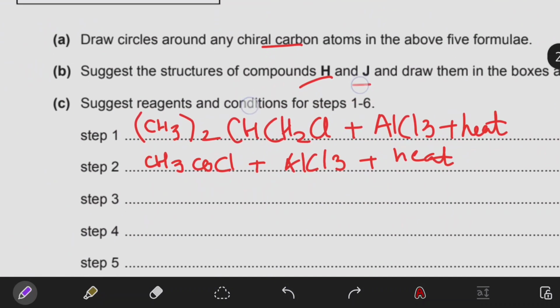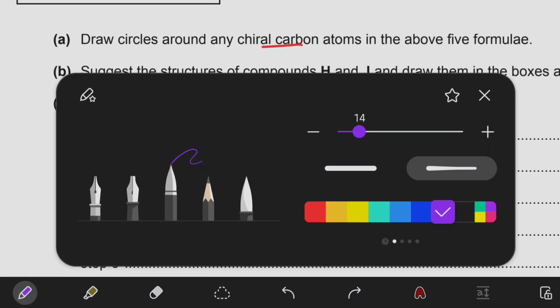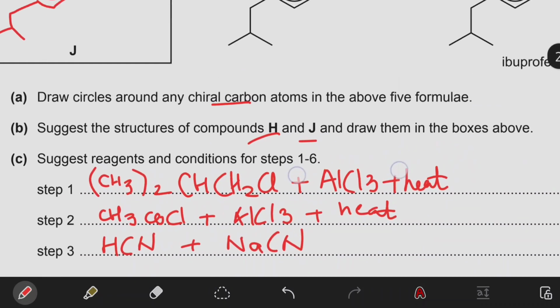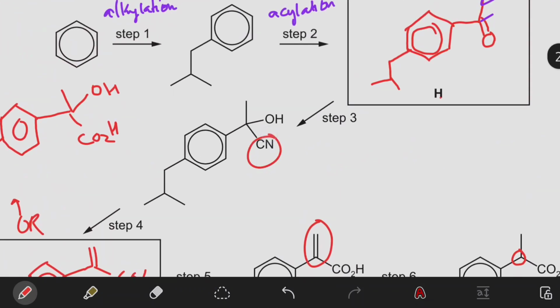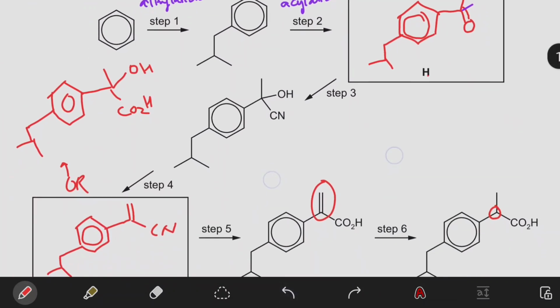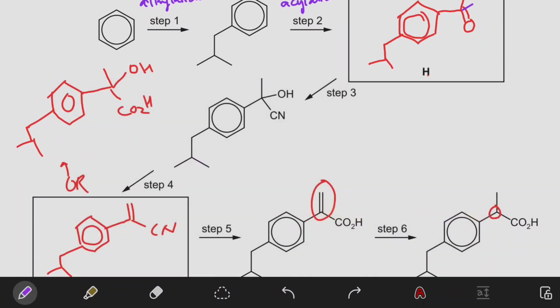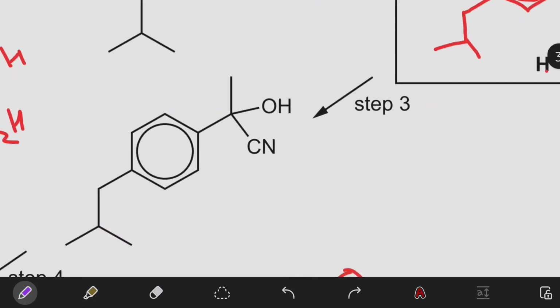I said that we needed a reagent, HCN, plus catalyst, NaCN. That is it. Basically, NaCN would give the CN and HCN would give the H. I can write down the reaction for you. This is nucleophilic addition.